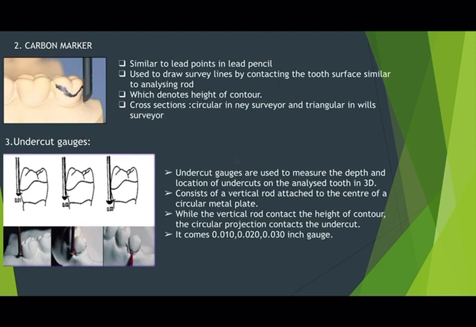Let's talk about the wax trimmer. It is used to trim excess wax from blockout areas and make them parallel to the path of insertion, and also used to trim waxed crown restoration to the desirable path of insertion. Let's move on to uses of the surveyor. The surveyor is used to survey the diagnostic cast.